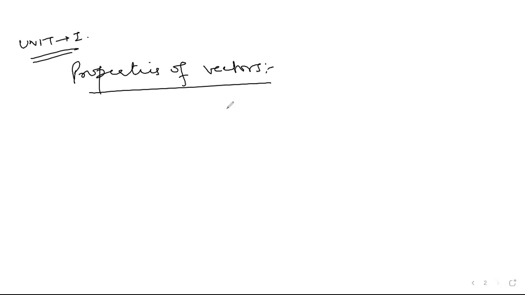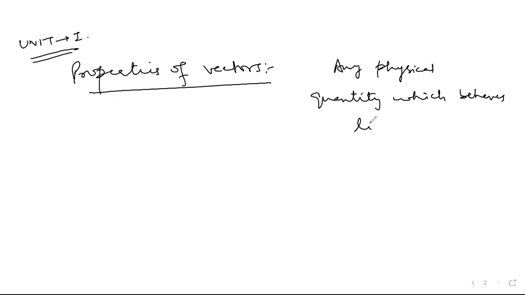Now, from your previous classes, for example, you have gone through properties of vectors in your class 11th. So you know what a vector is. Any physical quantity which behaves like a displacement is a vector.